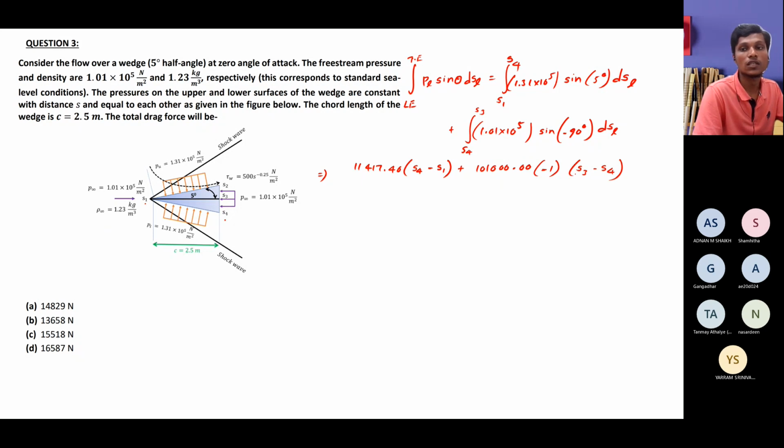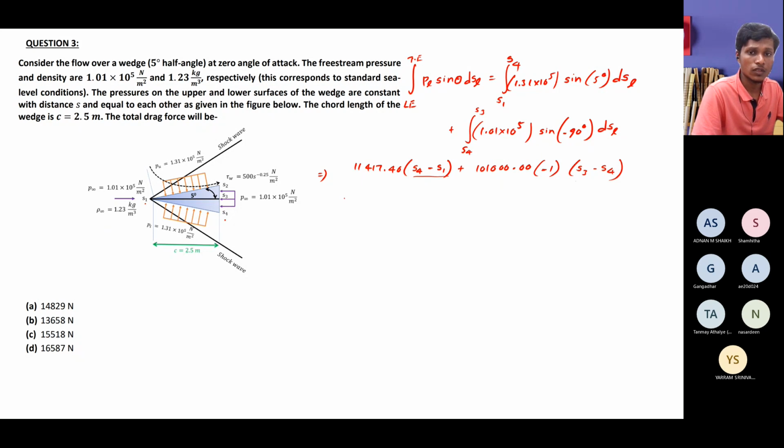Your constants S3, S4 are obtained after integration of ds. Integration and differentiation cancel out, so I'll just apply the limits, that is S3, S4, here, and then here it is S1, S4.